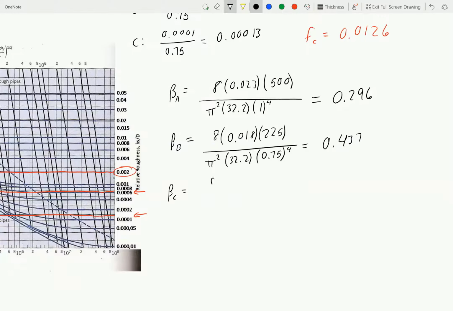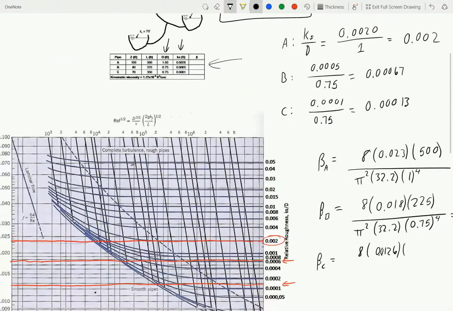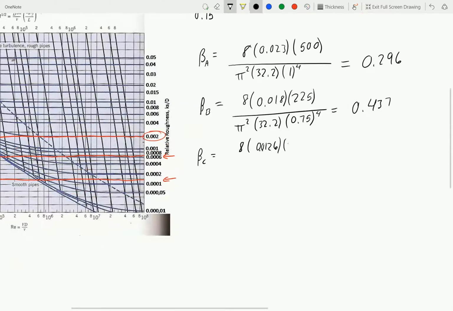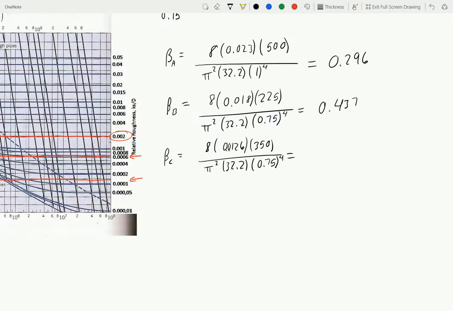And finally, beta C, same thing, just plug our numbers in. Our length of the pipe in this part is 350 feet. We have our pi squared g times the diameter, which didn't change from part B, which is 0.75 to the fourth, and we get a beta value of 0.468.